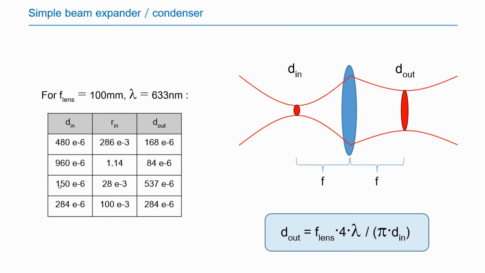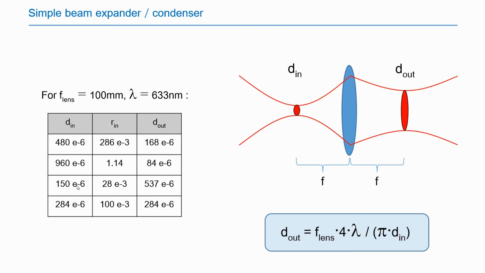The next thing we're going to consider is what happens if you have a 150 micron input beam. Now, we are actually going to do this experimentally. This is something that you can do using a pinhole. So we're going to create a waist using the laser and a lens, and we're going to put a pinhole in the focal plane of that lens, which essentially creates a new waist.